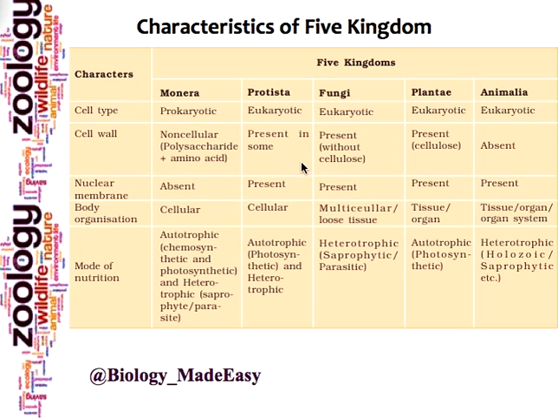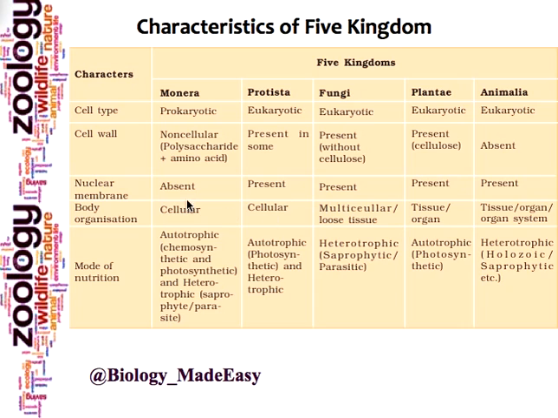In case of fungi, their cell wall is present, however that is without cellulose. So this is a major difference in the structural composition of the cell wall between fungi and Plantae, because both of them have a cell wall. However, in case of Plantae, the cell wall is composed of cellulose. Now come to the Animalia. In case of Animalia, the cell wall is altogether absent.